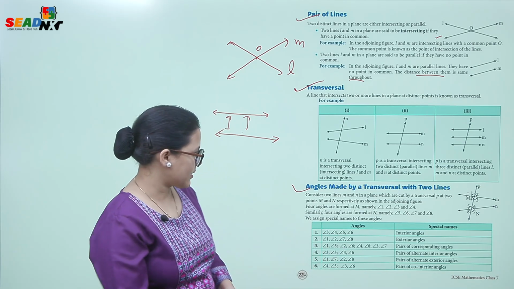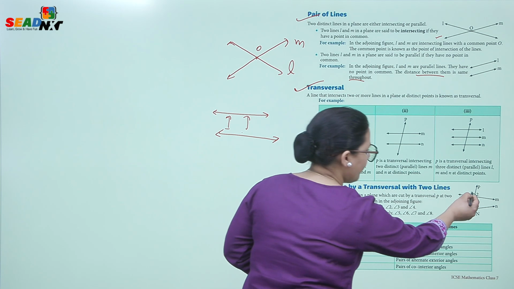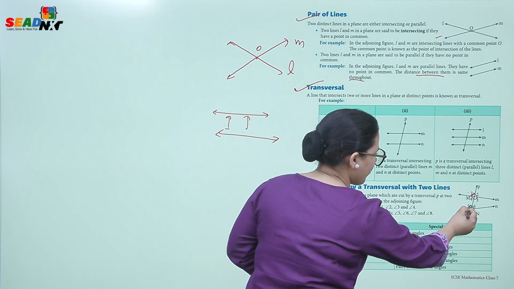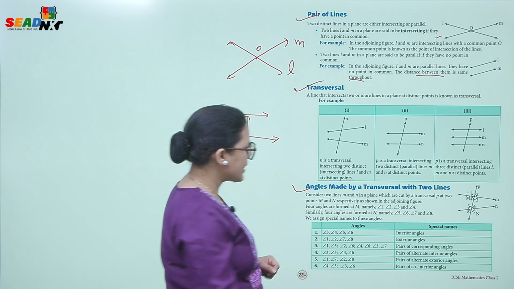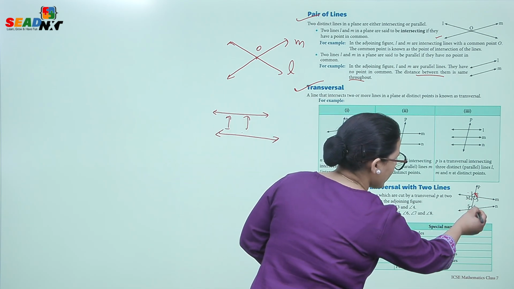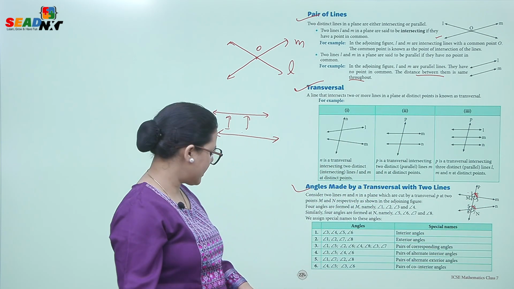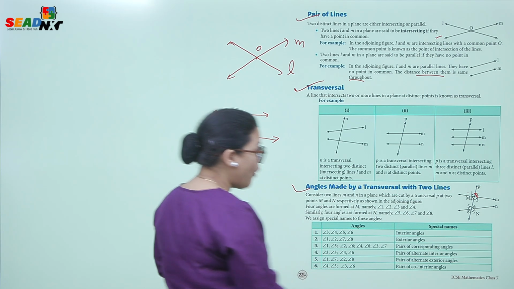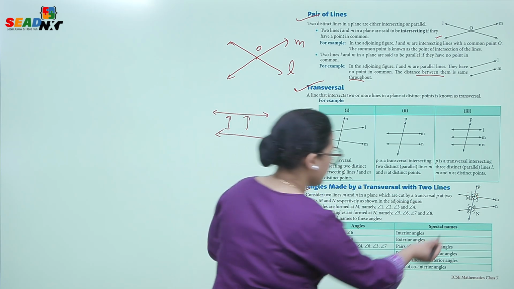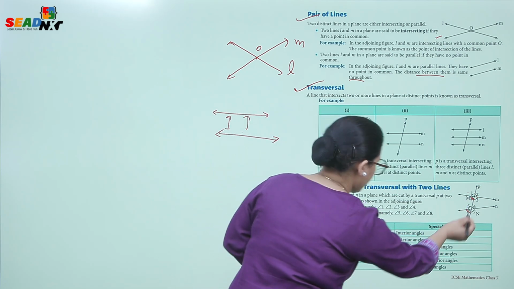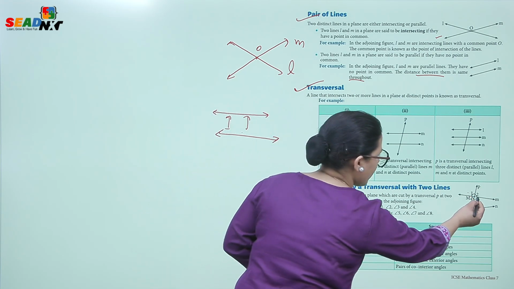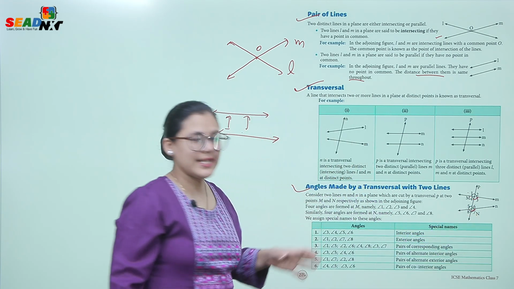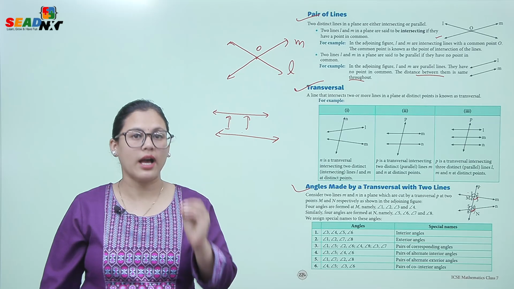Angle 2 and angle 6. Next pair is 4 and 8. And next pair is 3 and 7. So these are pairs of corresponding angles.